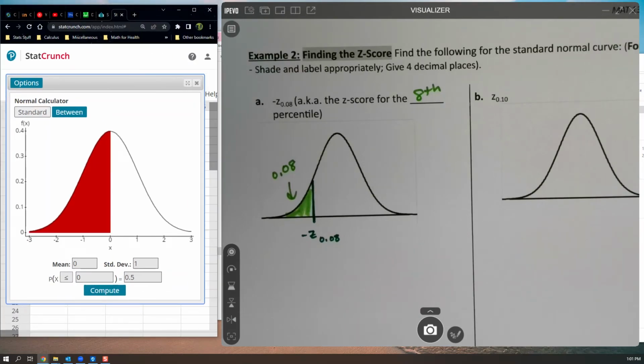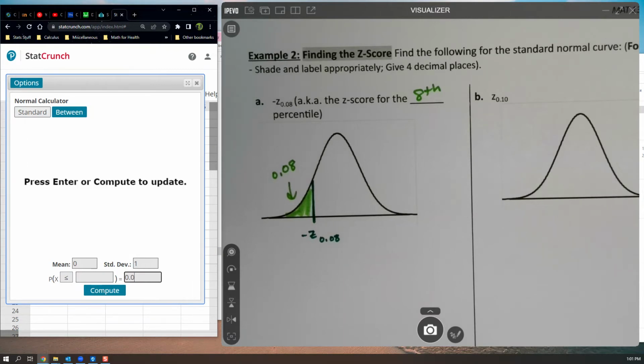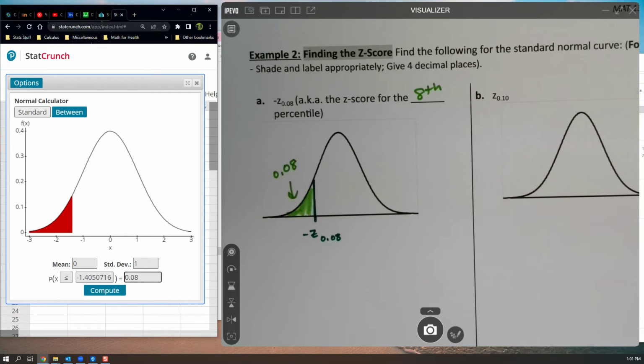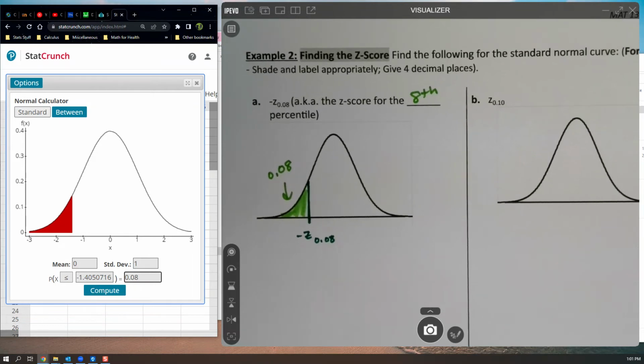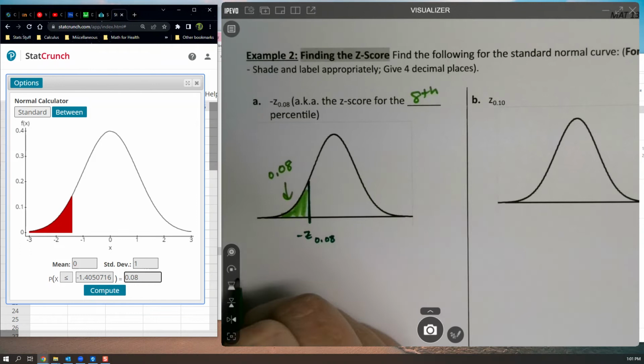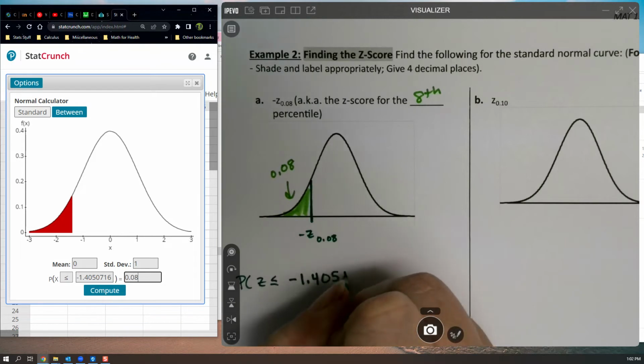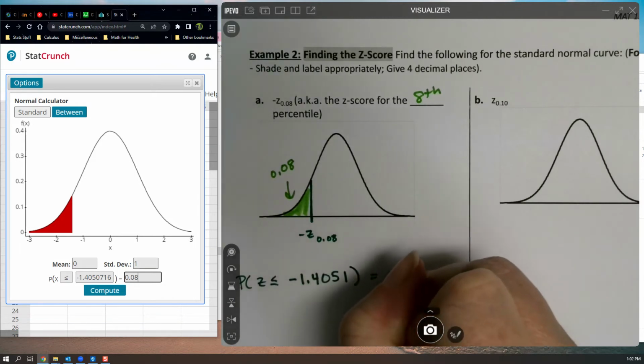Okay, so I don't know the value. I can't put a value in here. I do know that it's less than because I'm shading the area to the left. But I know that the area is 0.08. And notice the StatCrunch picture should match what we have on the graph, which it does, right? So they're telling me, look, the probability that z is less than or equal to negative 1.4051 equals 0.08.